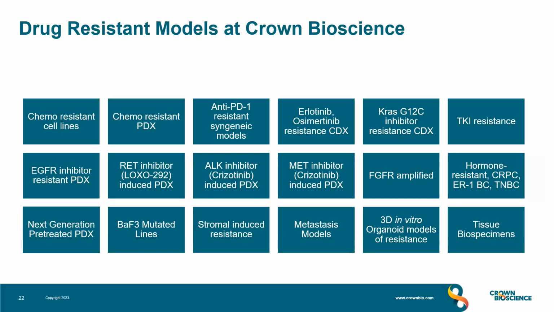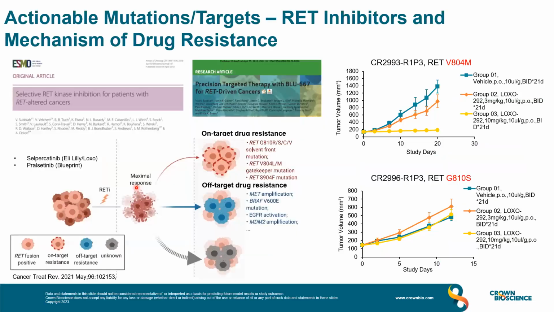But for other targets, we have induced resistance in our PDX through continuous dosing in vivo. I'm just going to give you an example of the RET inhibitor induced PDX model here, to show you the rationale for the design of this particular one. So there is a need for this type of resistance.